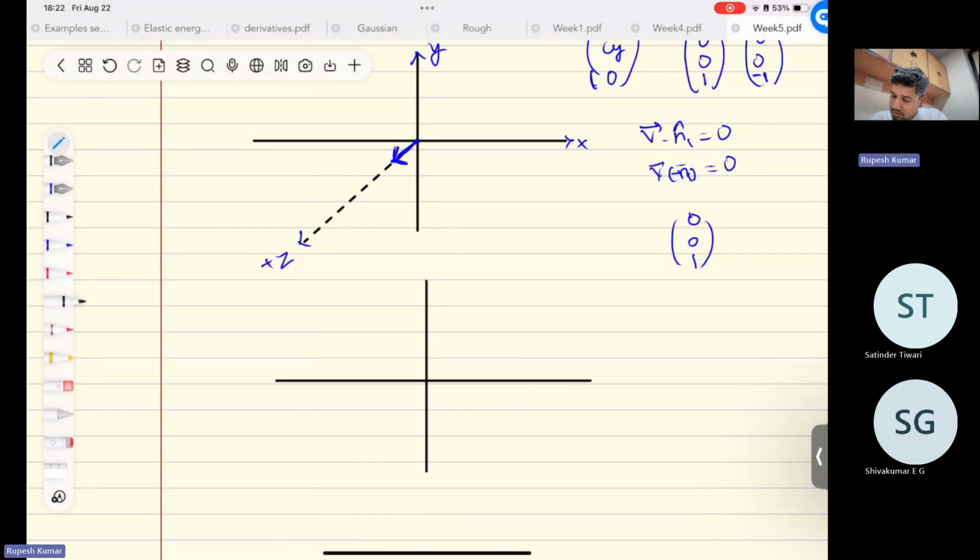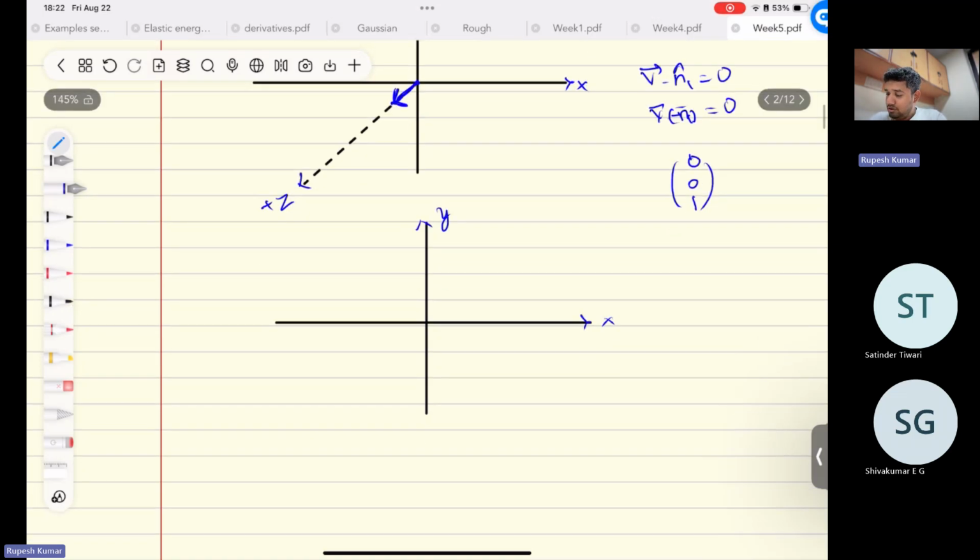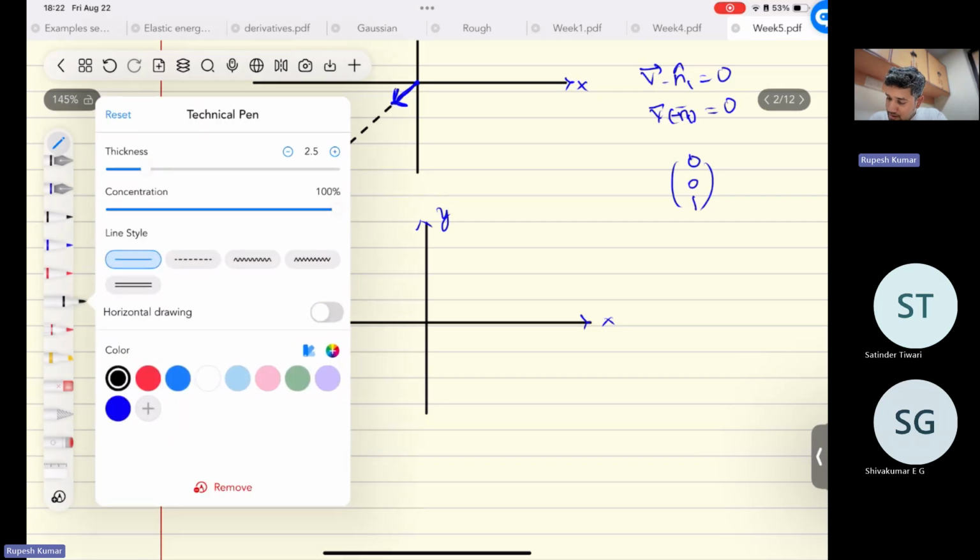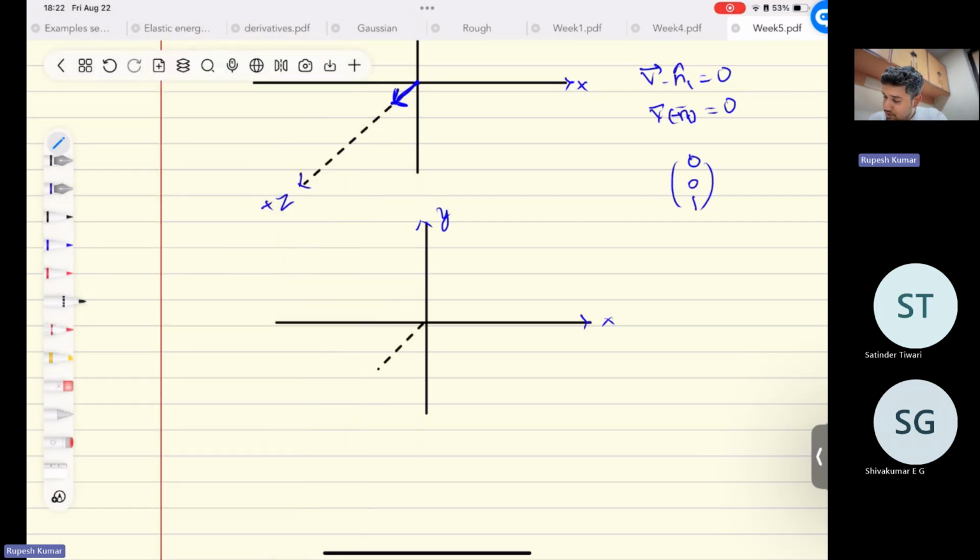So now this was the XY plane, and let's shift the plane that we are trying to get to by one length in the z direction. So let's take a new plane that sits on z equals 1.